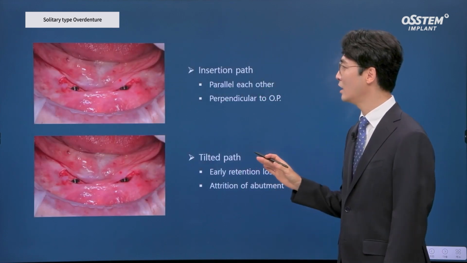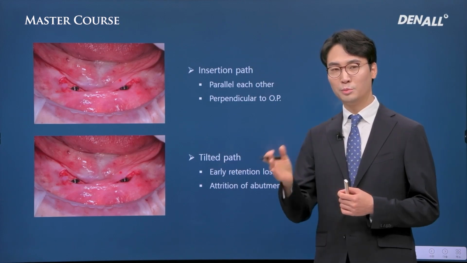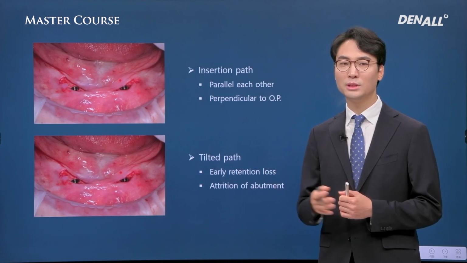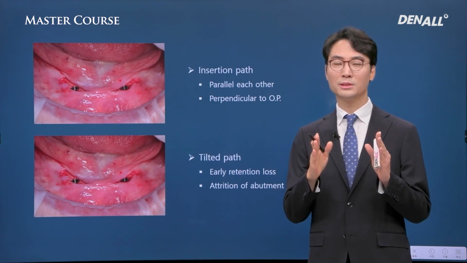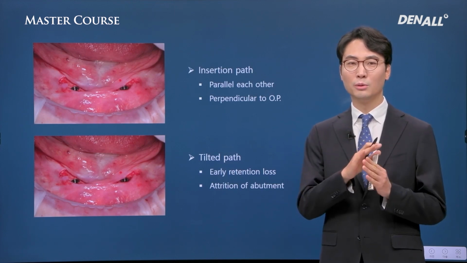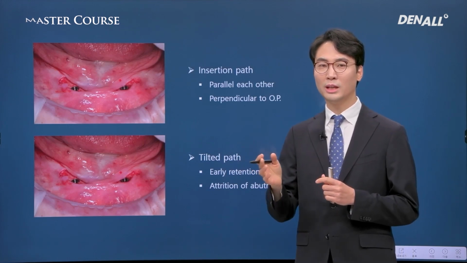As shown in the lower, when placing 2 implants, as mentioned before, I'm going to talk about it additionally when I talk about bar overdenture, but especially in the case of solitary type implant overdenture, the 2 implants need to be parallel. Also, they need to have a perpendicular angle to the occlusal plane.